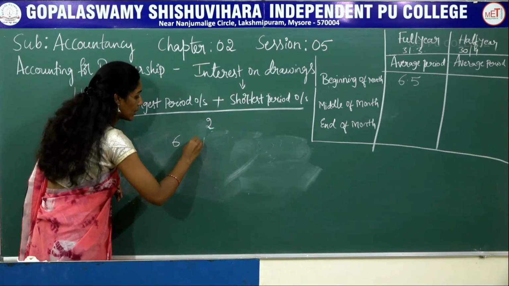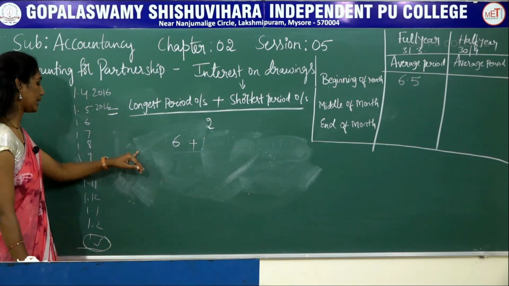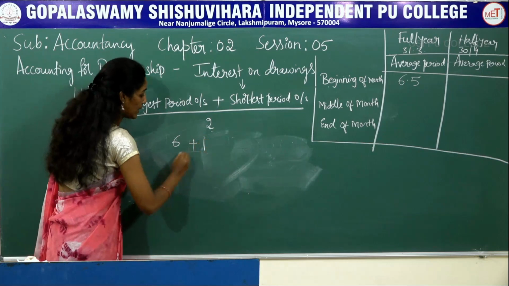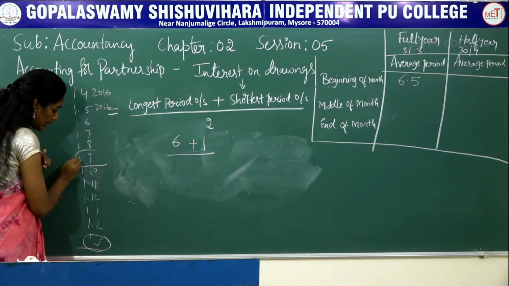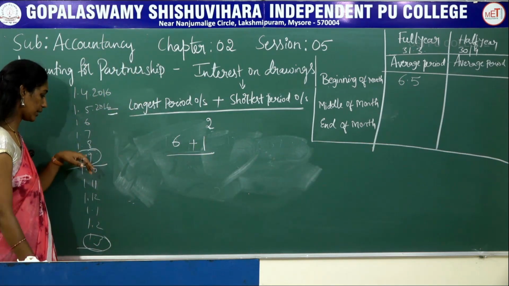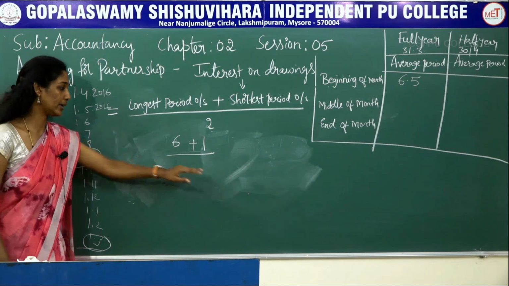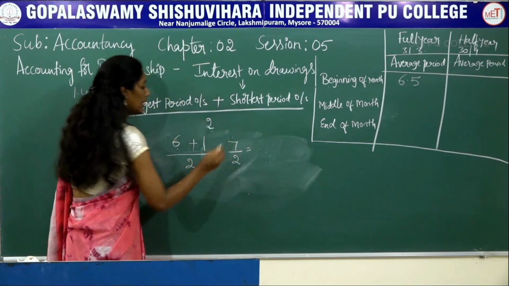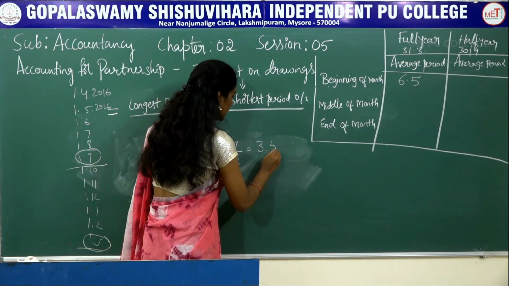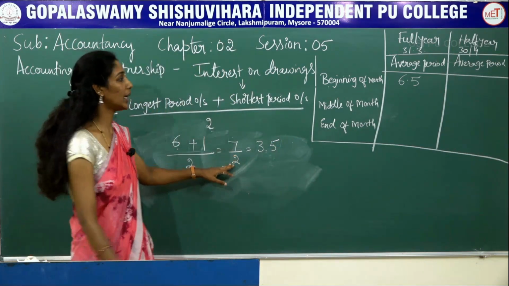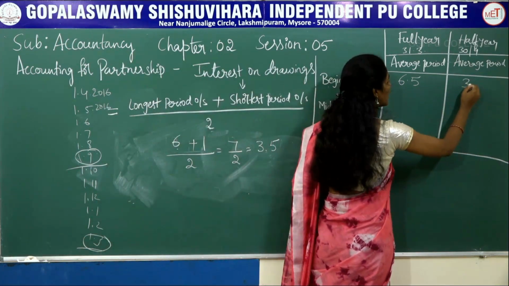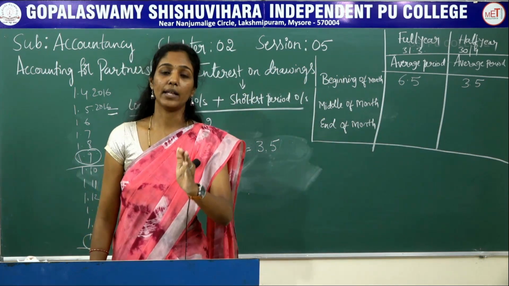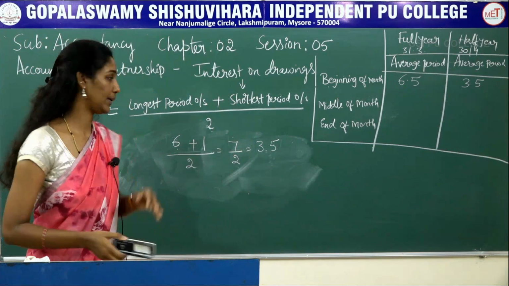So the longest period involved is 6 months and the shortest period is 1 month, the last month, which is remaining for calculating interest. 6 plus 1 divided by 2, 7 divided by 2, that is 3.5. So 3.5 is the average period when books of accounts are closed on September or half yearly.